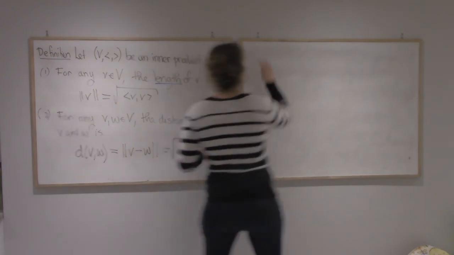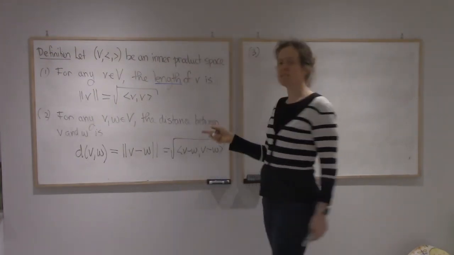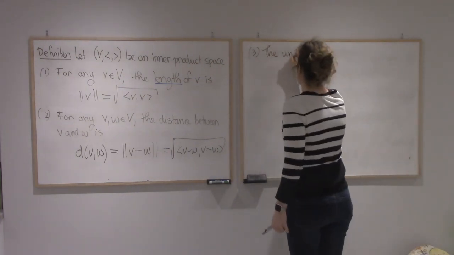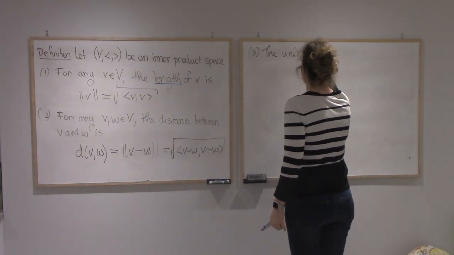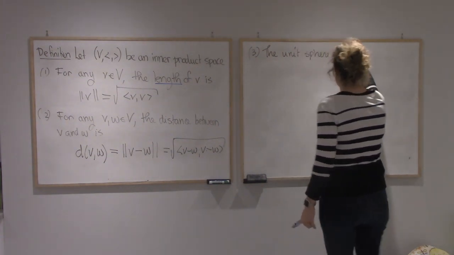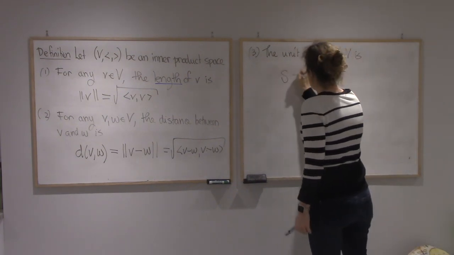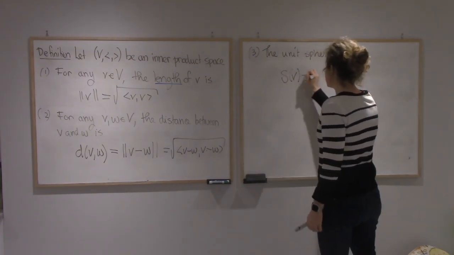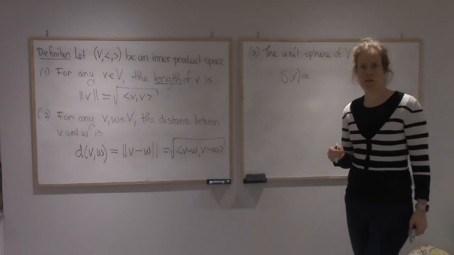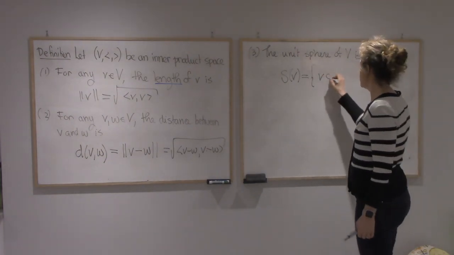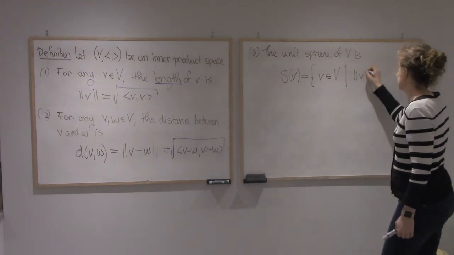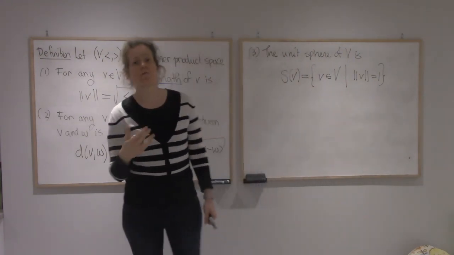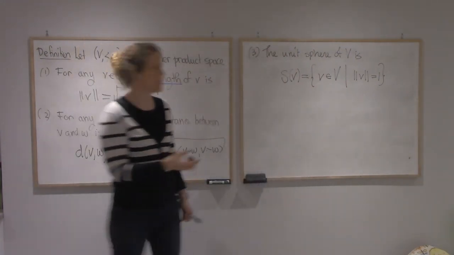And then the third thing I have, once I have length, I could talk about the unit sphere. So S(V) is going to be the set of all vectors of length 1. So the set of all v in V so that the length of v is 1. And then all of these vectors of length 1, we'll call them unit vectors like we did in Rn.